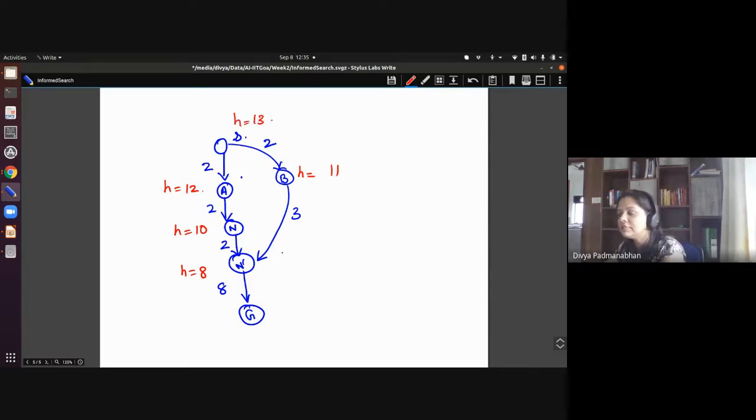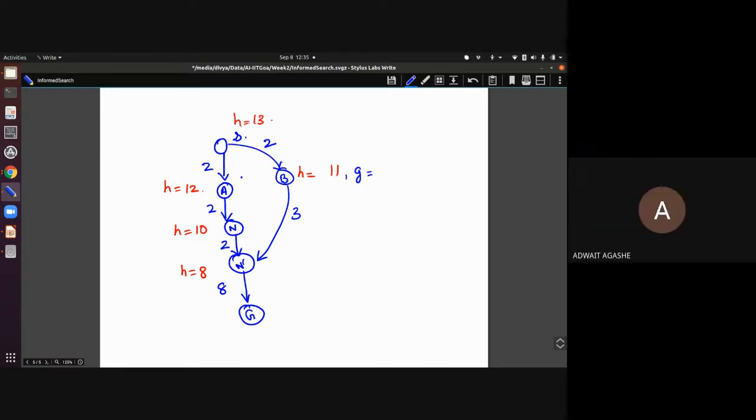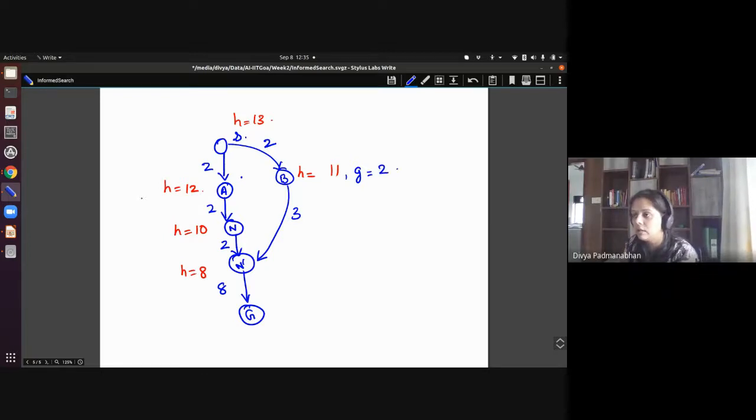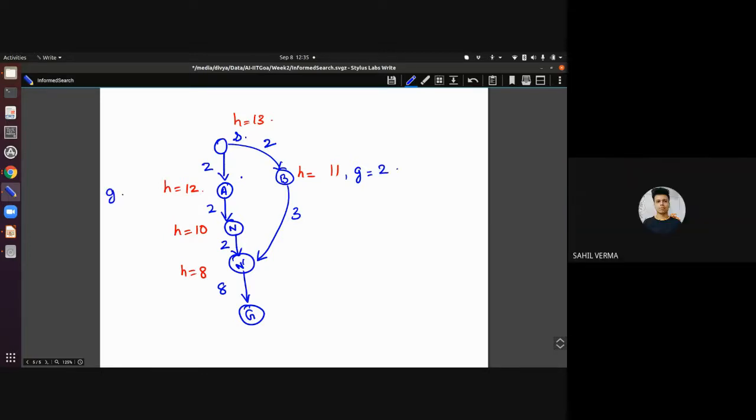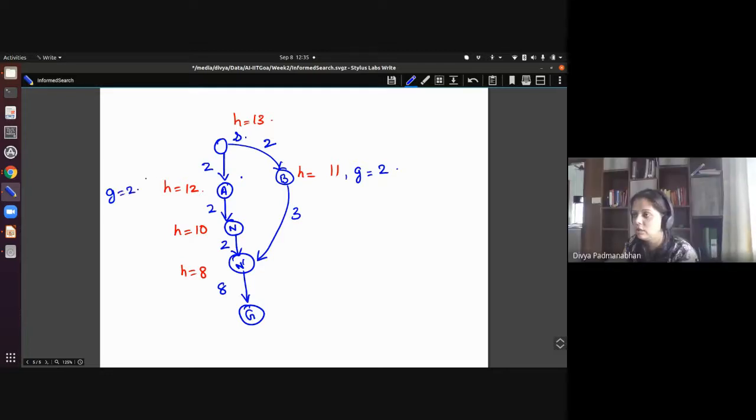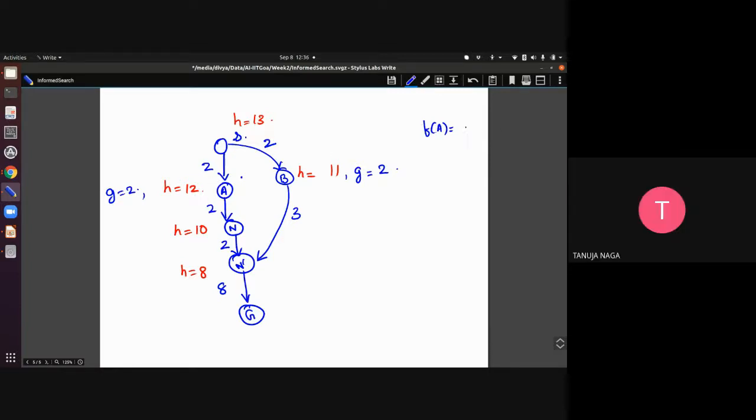So in this example, what's going to happen? Let's compute the f and g values. What is the value of g here for this node B? 2. And for A, 2. So f of A is 2 plus 12, 14.